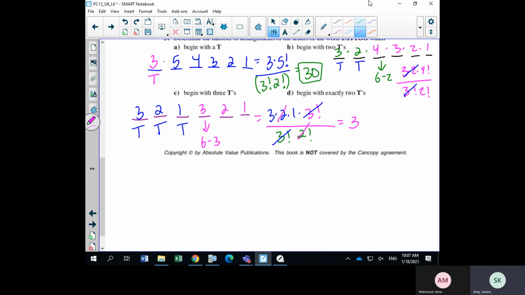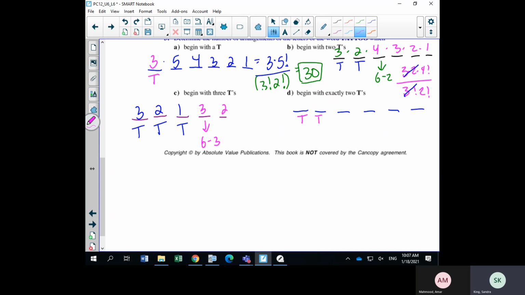Okay, D is the one that should give the most thought, and we didn't do D yet. Begins with exactly 2 T's. So, I'll show you what I would do for this. 1, 2, 3, 4, 5, 6. Okay, exactly 2 T's would be that.